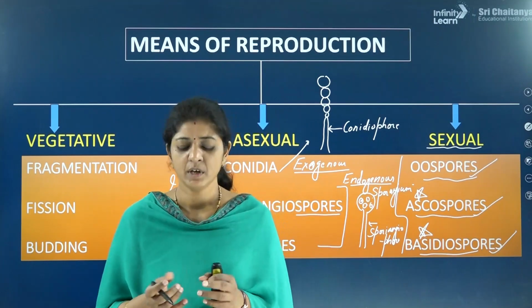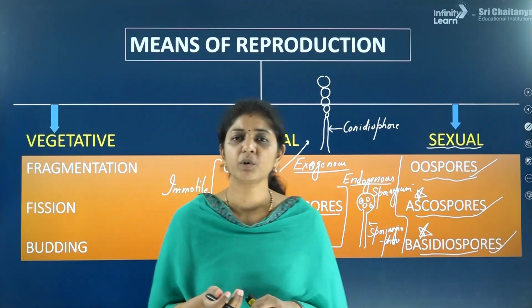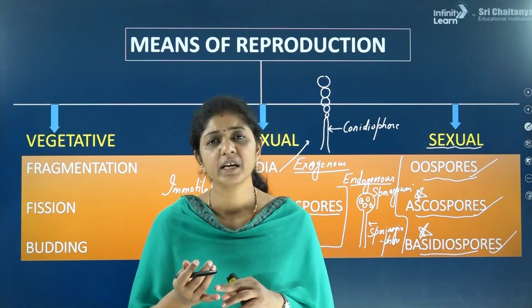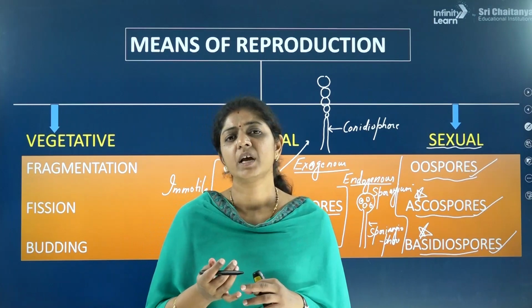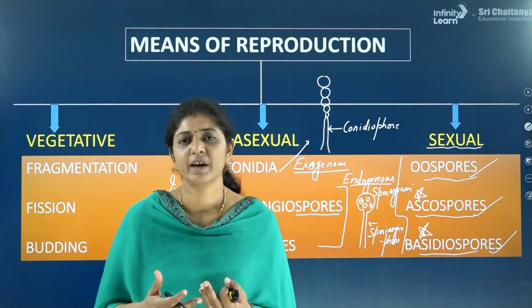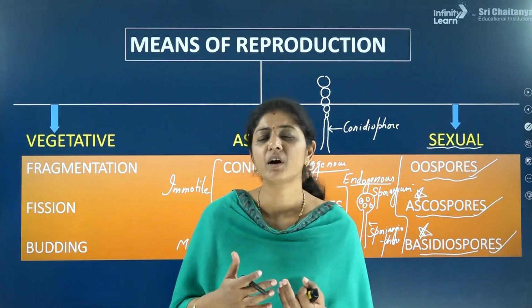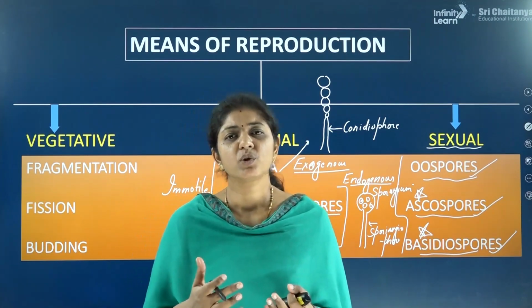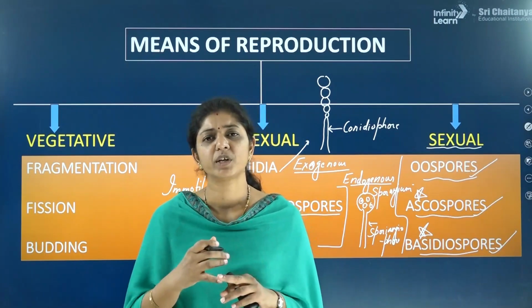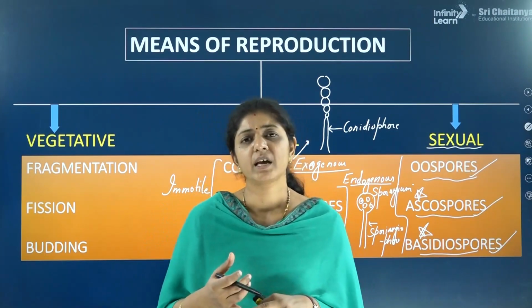You will find the words basidium, basidiocarp, likewise ascus and even ascocarp. But what are these words? You cannot figure out because the NCERT book does not explain with diagrams what is ascocarp, what is basidiocarp, what is ascus, what is basidium.